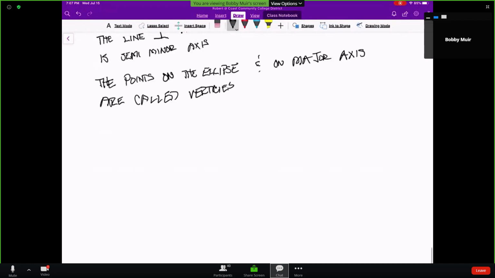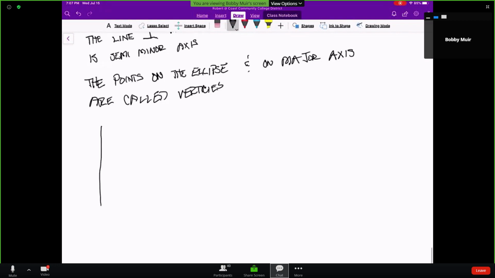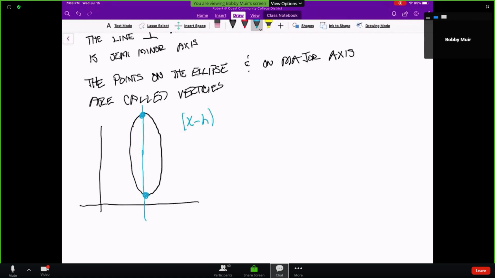So let's say I had an ellipse that was more of an up and down ellipse. Then this is going to be the major axis that goes through the focal points. And these two points, which are on this line, are what we call the vertices. The equation of this one would be (x minus h) squared over b squared plus (y minus k) squared over a squared equals 1.